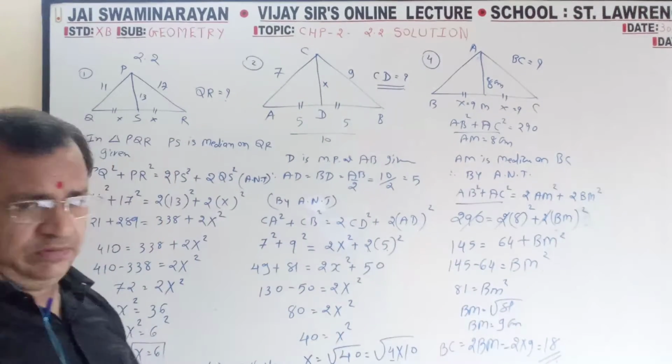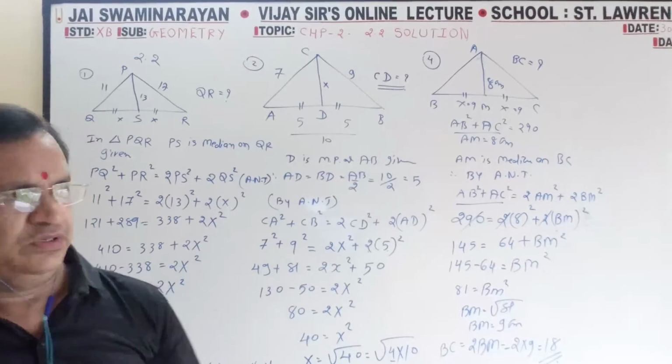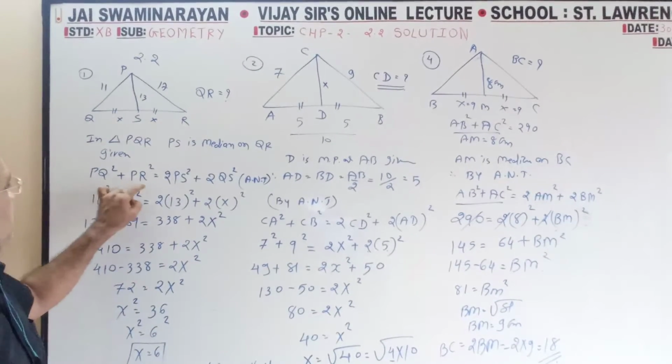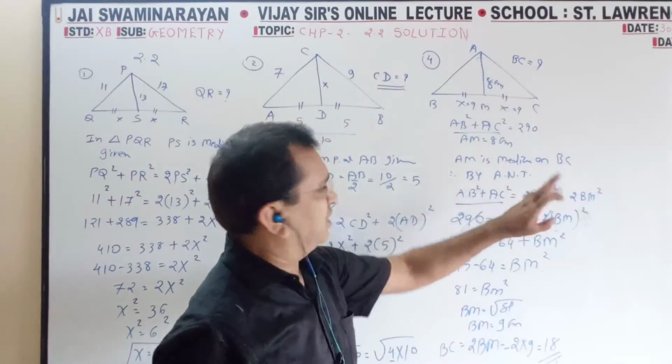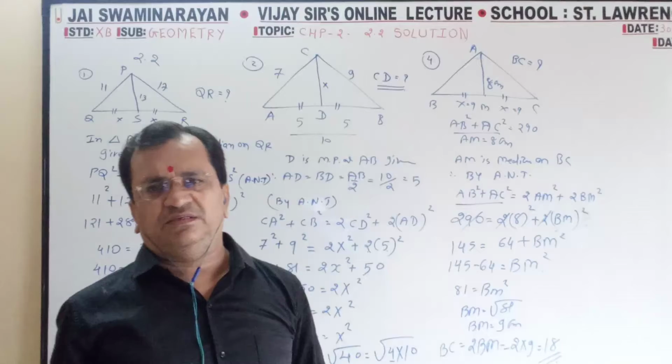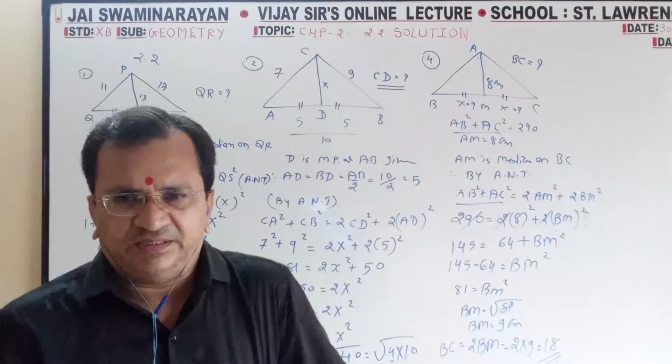This all, the three sums I have done by Apollonius theorem. In the formula there are 4 places, and among the 4 places, 1 place is missing.